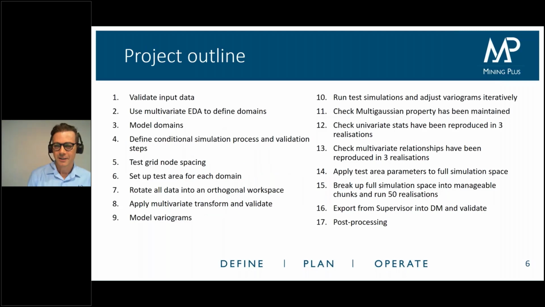There's a lot on this slide, and each of these topics will be covered in the subsequent slides, but this is basically just to give an overview of each of the steps that we went through in this simulation process.